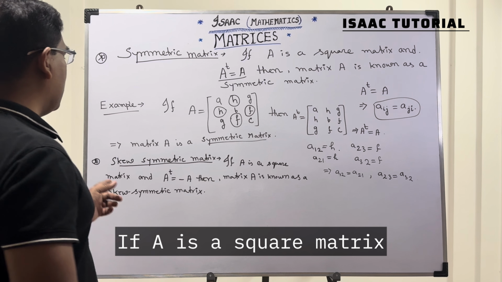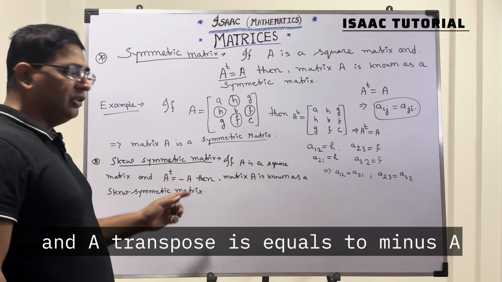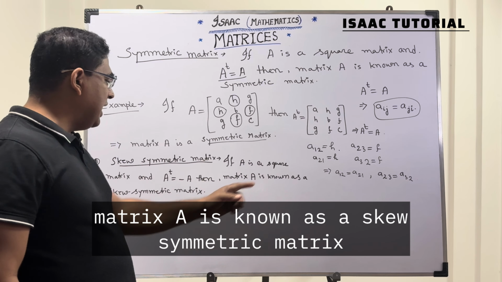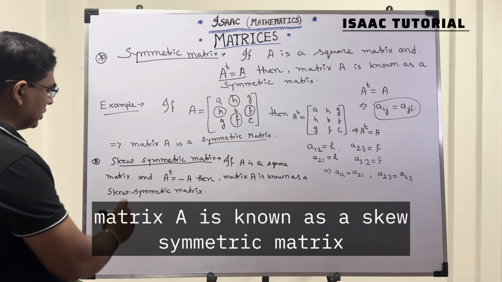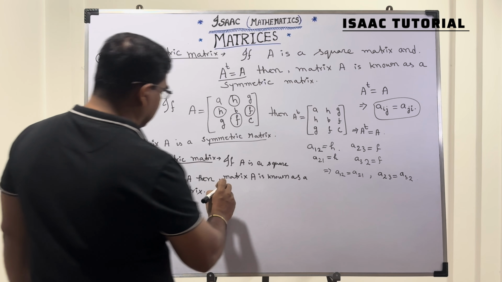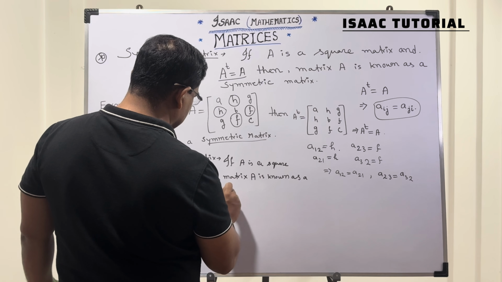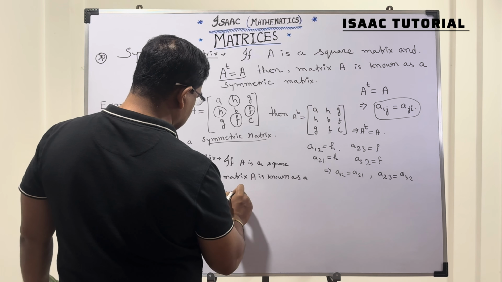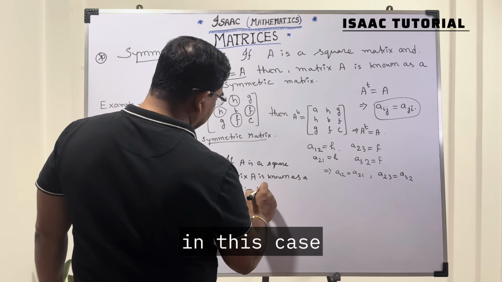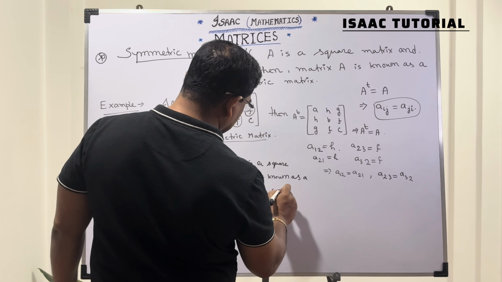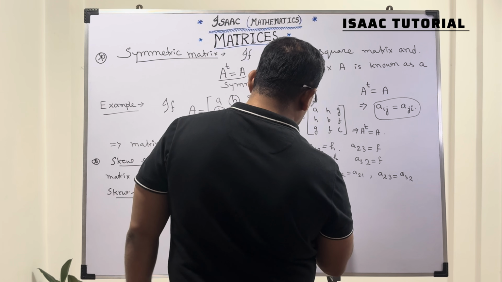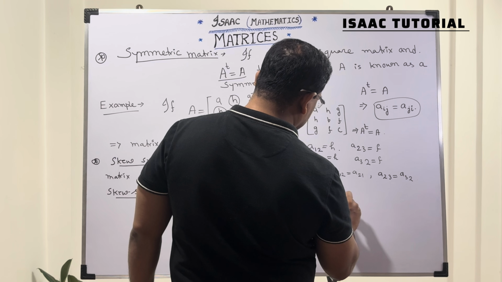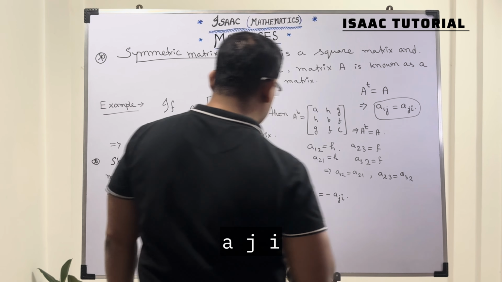If A is a square matrix and A transpose is equal to minus A, then matrix A is known as a skew symmetric matrix. That is, in this case, Aij is equal to minus Aji.